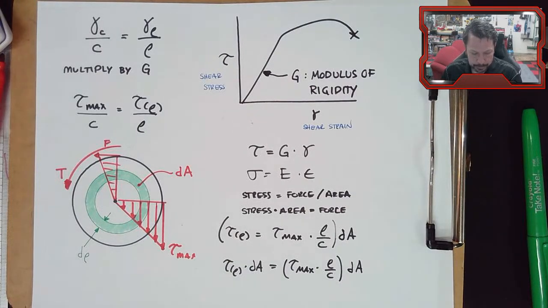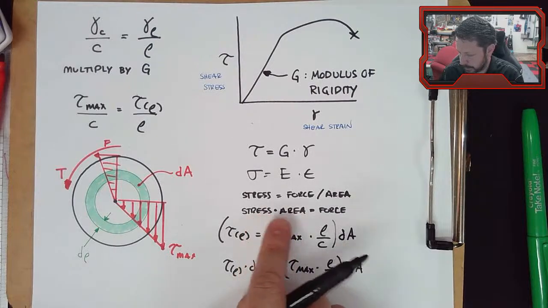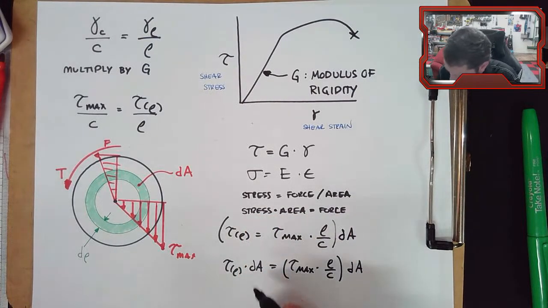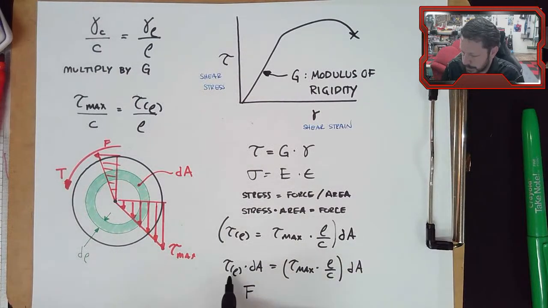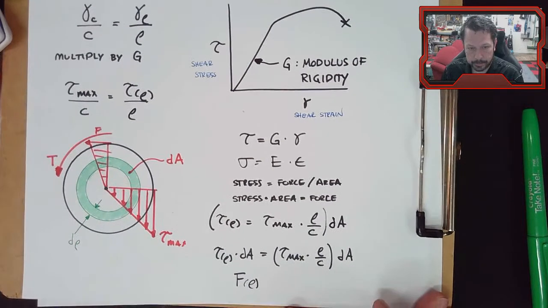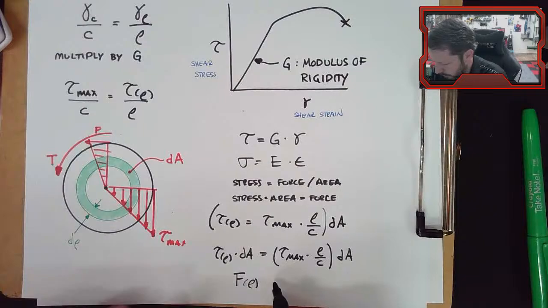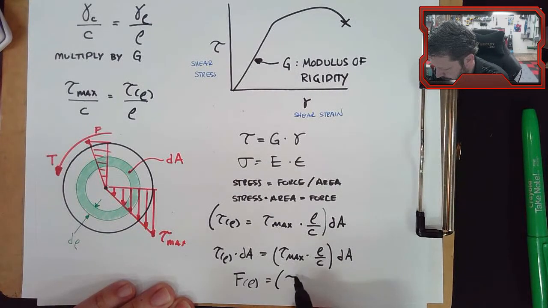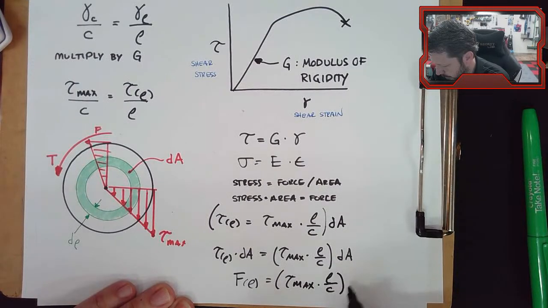So now I've got tau stress times dA. Stress times area is force, so this is a force. But since tau was a function of rho, this force is also a function of rho. This side I'm going to leave the way it is. Tau max times rho over c dA.